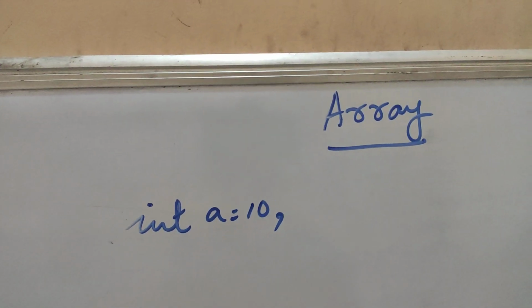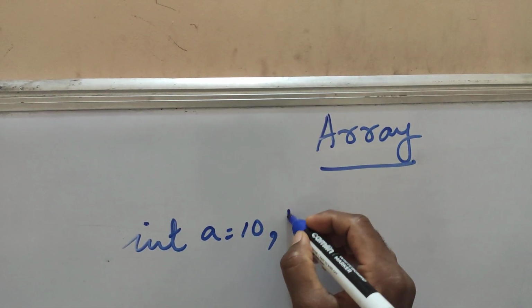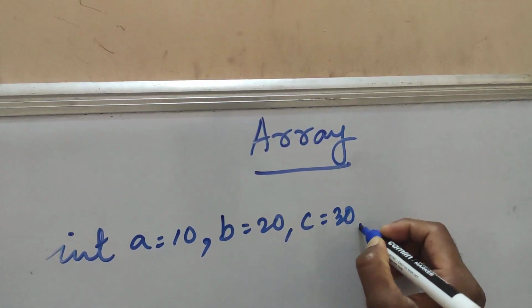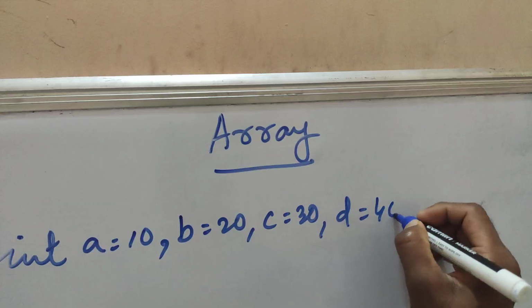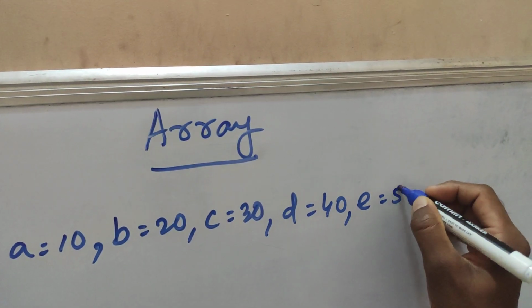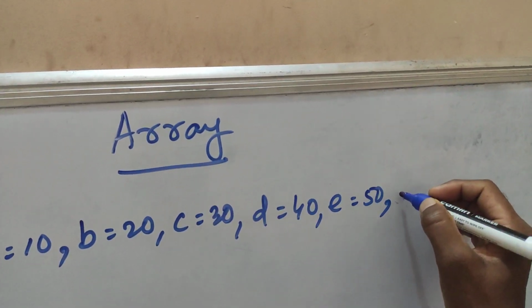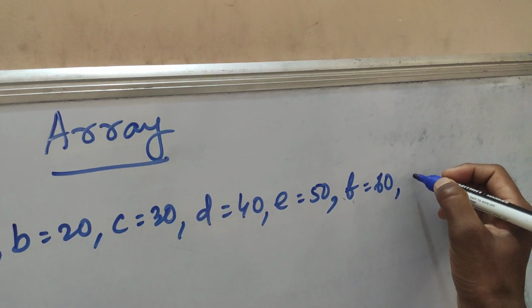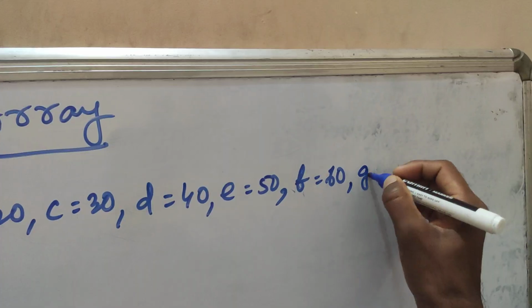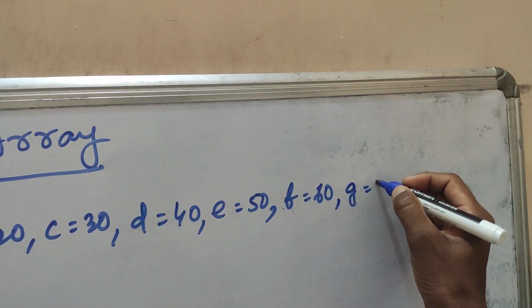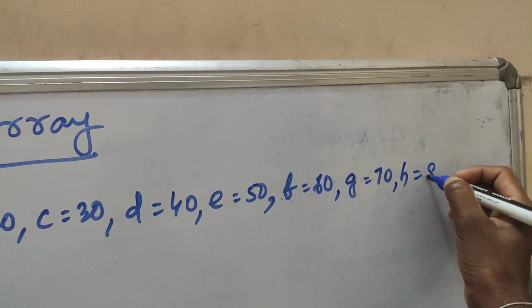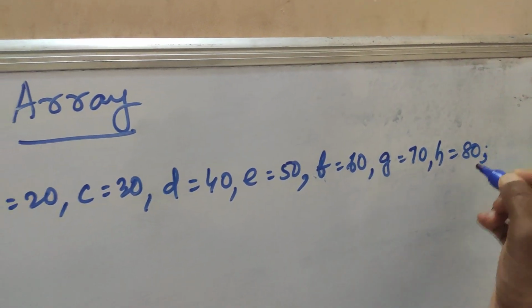This is one variable, same data type. Suppose b equal to 20, c equal to 30, d equal to 40, e equal to 50, f equal to 60, g equal to 70, h equal to 80. That was this much. Then semicolon.